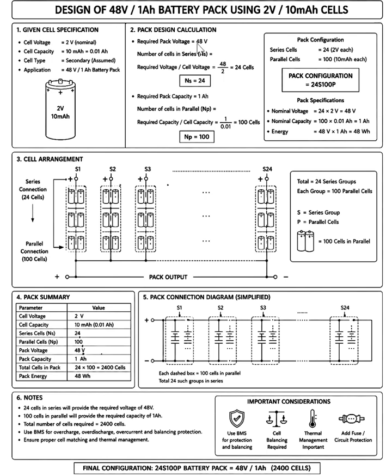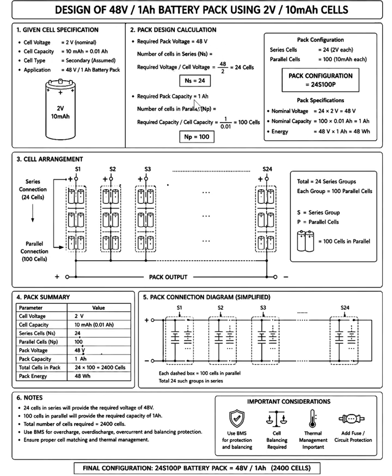Here we need 48 volt, right? So the number of cells connected in series can be calculated as required voltage divided by cell voltage. 48 volt is the required voltage, and each individual cell voltage is 2 volts, so we get 24 cells to be added in series to meet the 48 volt battery pack requirement.